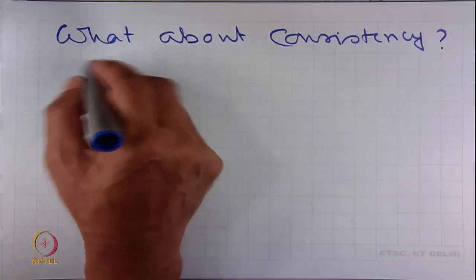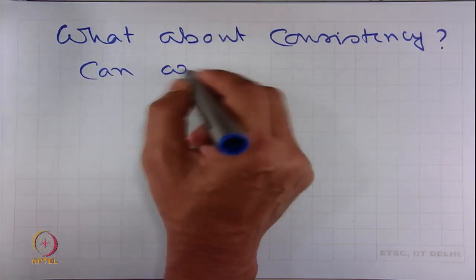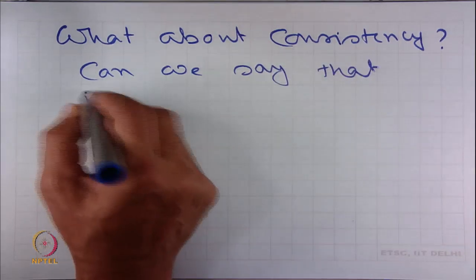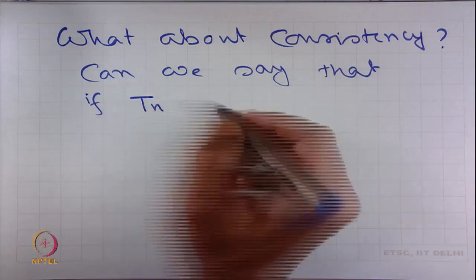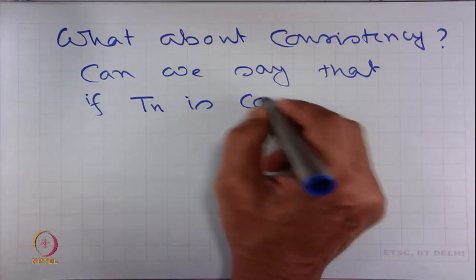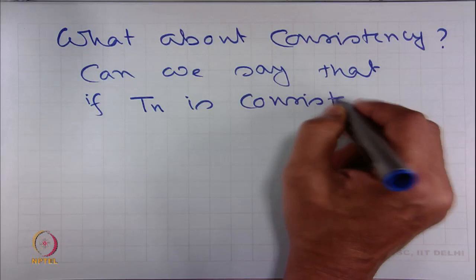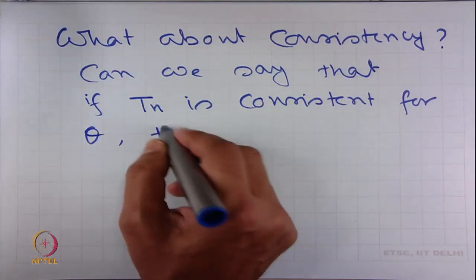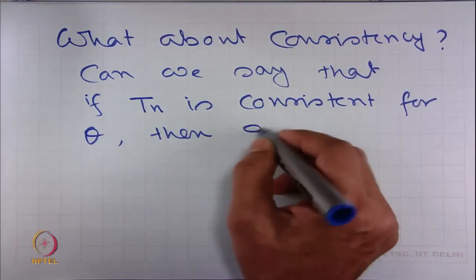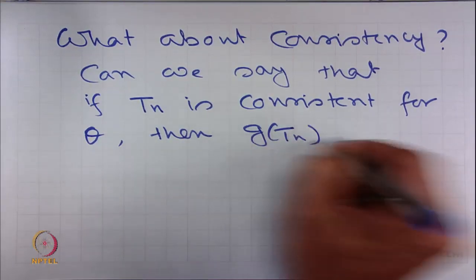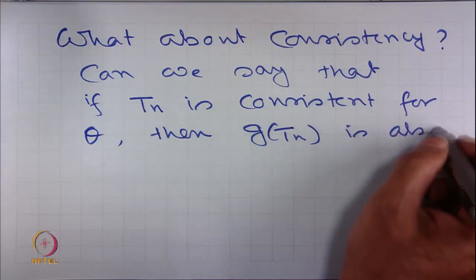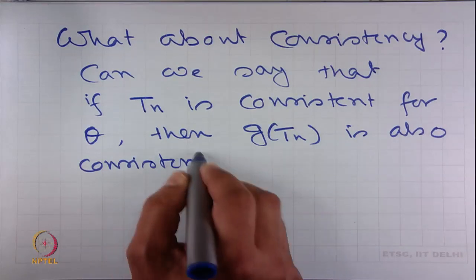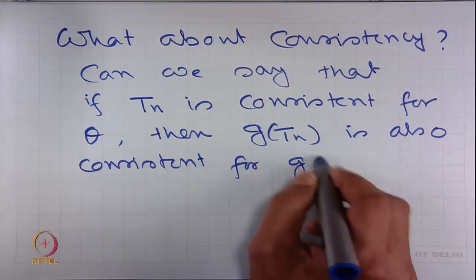What about consistency? Can we say that if T_n is consistent for theta, then g of T_n is also consistent for g theta?